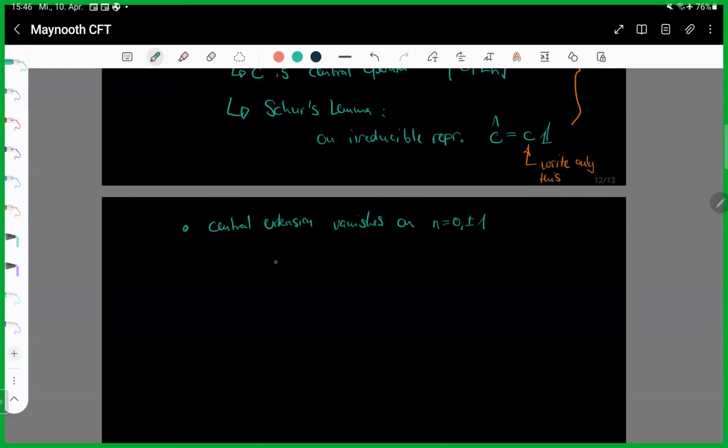And that means that L0 is still dilations, complex dilations. And L1 is still special conformal transformation, or responsible for generating that. And L minus 1 are translations.